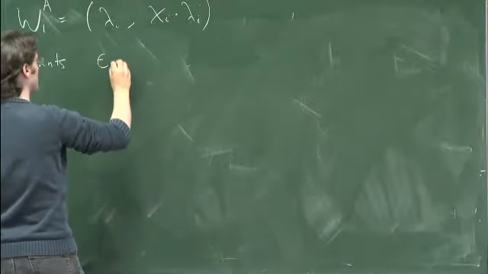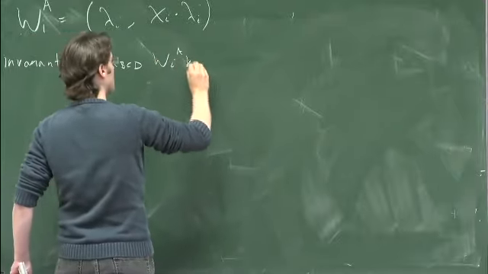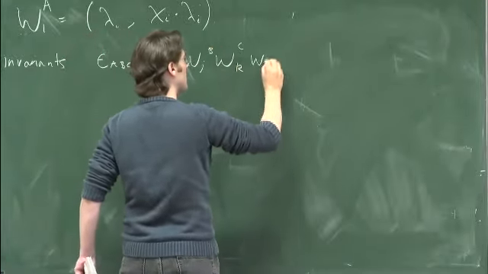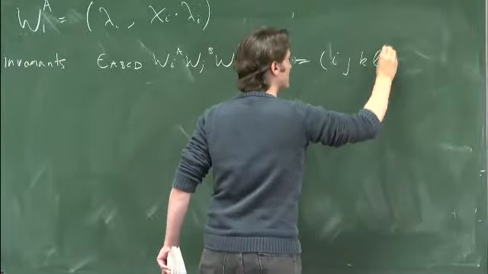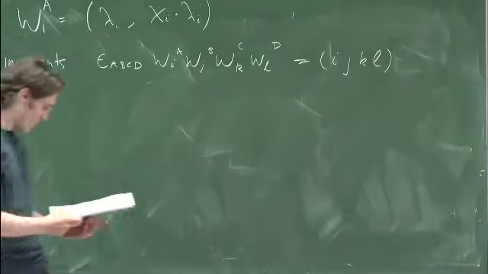It's just epsilon_ABCD w_i^A w_j^B w_k^C w_l^D, or 4 brackets just denoted by the symbol <ijkl>. Okay, very good.